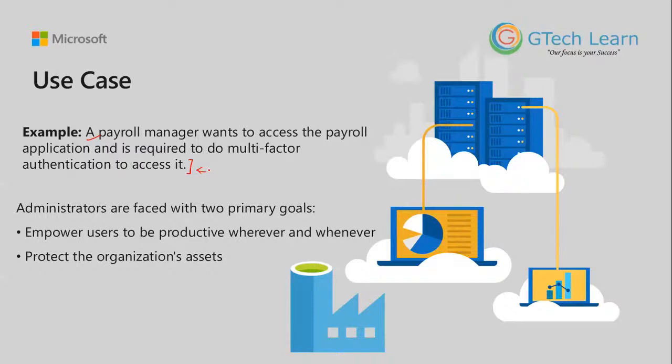But at any point, if a user wants to access the organization's resources with their own personal device, then we can use conditional access policy to protect our organization's assets and make the work more productive for the users as well. These are all use cases where we can implement conditional access policy. So that is all about that.